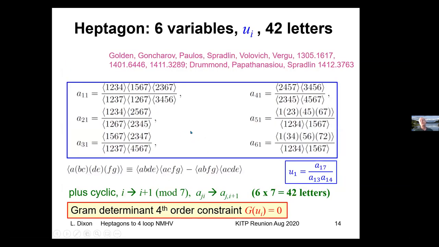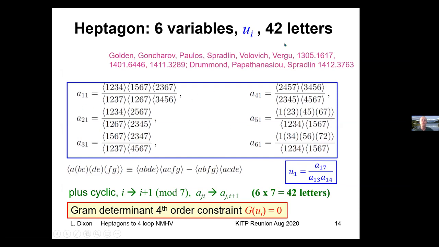So at the heptagon level, there are not 3 different variables, U, V, and W, but there are 6 variables. There are 7 U_i, or cross ratios, and they're related to the 4 brackets in a little bit special way. Here I've introduced what are called the A letters.